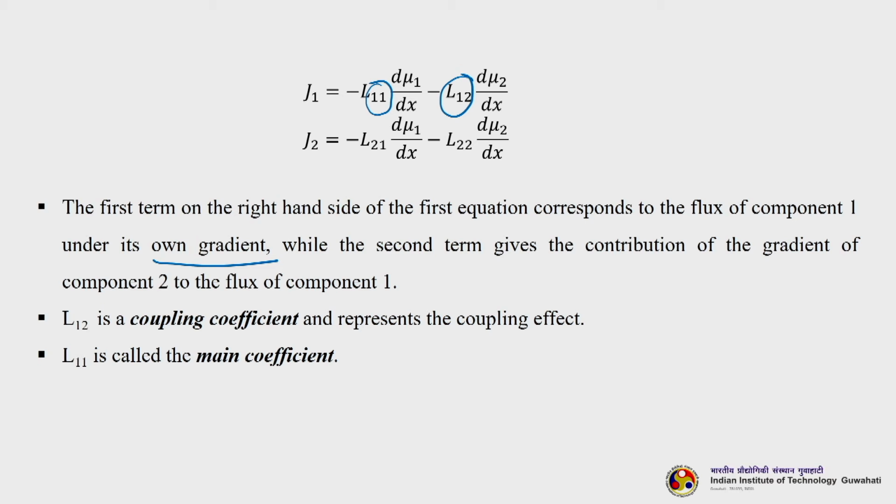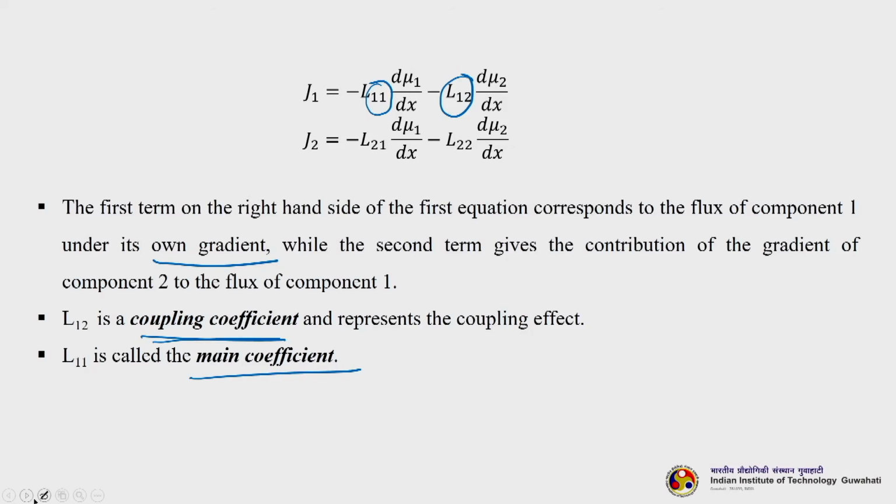That is why L12 is called a coupling coefficient and represents the coupling effect. How another component is affecting the transport of one other component is expressed as coupling effects, and these coefficients are coupling coefficients, whereas L11 is the flux of component 1 under its own gradient. That is why L11 is called the main coefficient.